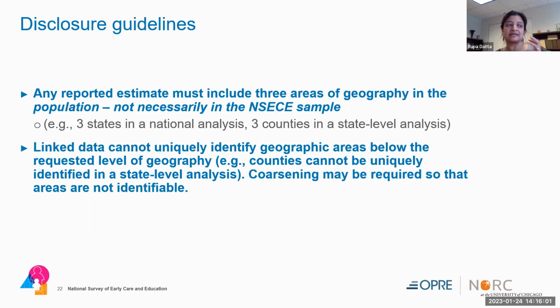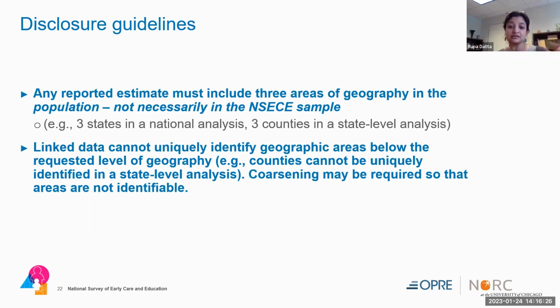The important thing is that we have strict rules against identifying any sub-state location as being in the NSECE sample or not. So any map that would attempt to show sub-state locations, especially those that have fewer than 3 counties, is off limits.